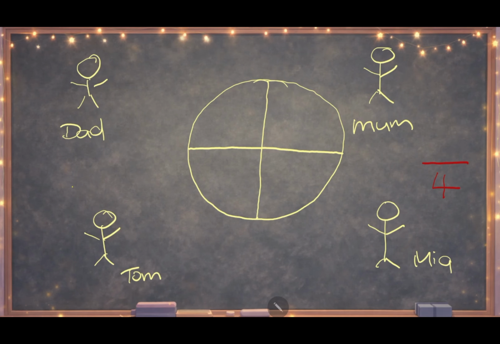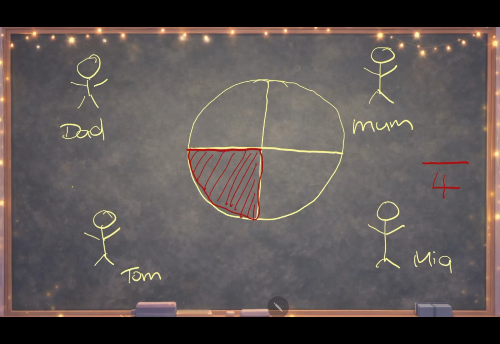We can't use a whole number to show how much pizza each person has eaten because it's less than a whole. Let's think about how many pieces Tom ate. Tom would probably take 1 of these slices, which makes it fair for everybody.